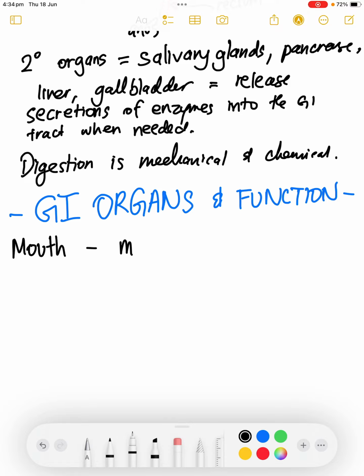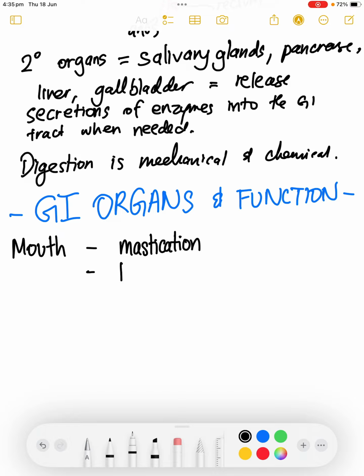Okay. And I'm just going to say mastication. As I'm saying it, just write that down as well. So what happens in mastication is your teeth grind up food, and that will then lead to an increased surface area of food where enzymes can now begin chemically breaking it down. And what happens with that is your saliva moistens the food and forms a bolus. Okay.